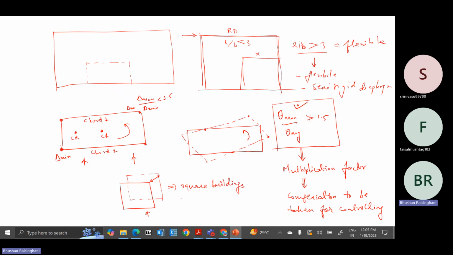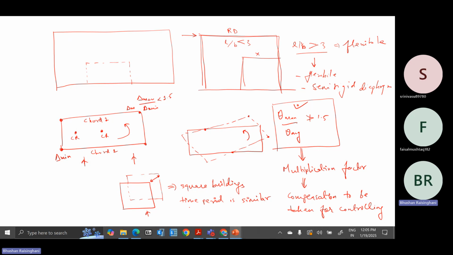These square buildings have similar time periods. As the time period is similar, it will have the flexibility in both directions as equal. That's why under the action of lateral forces, it will move in diagonal direction.